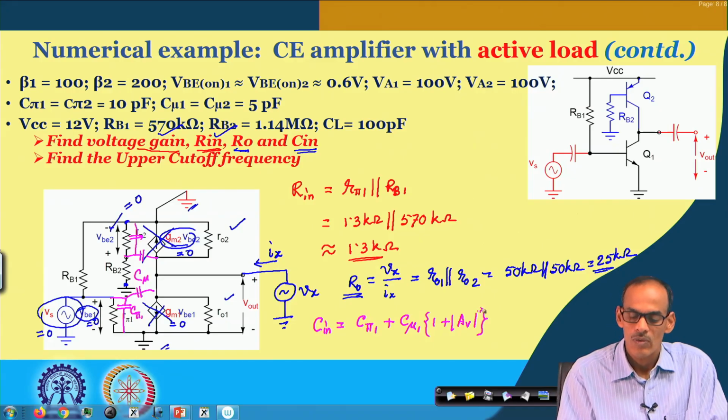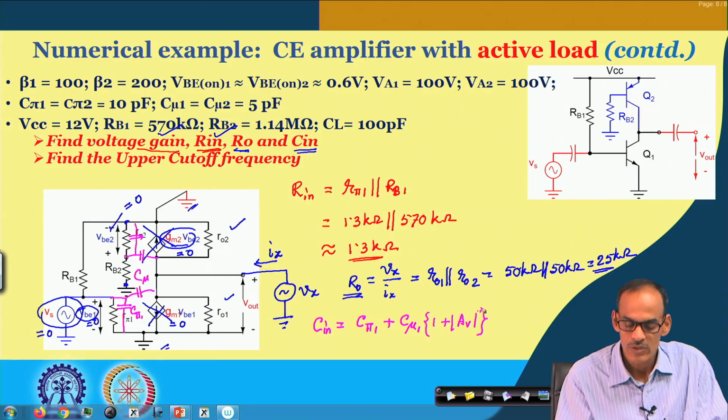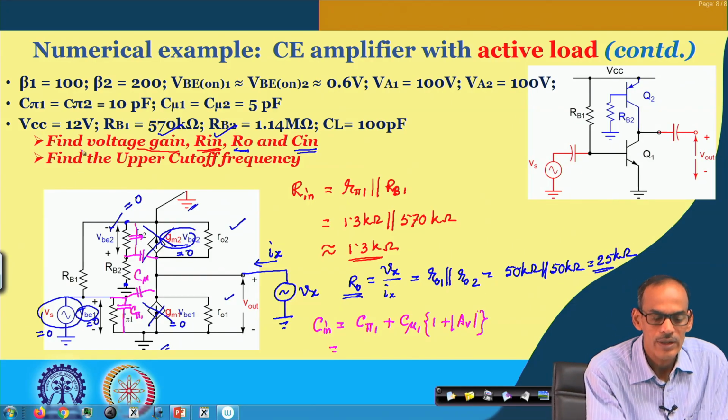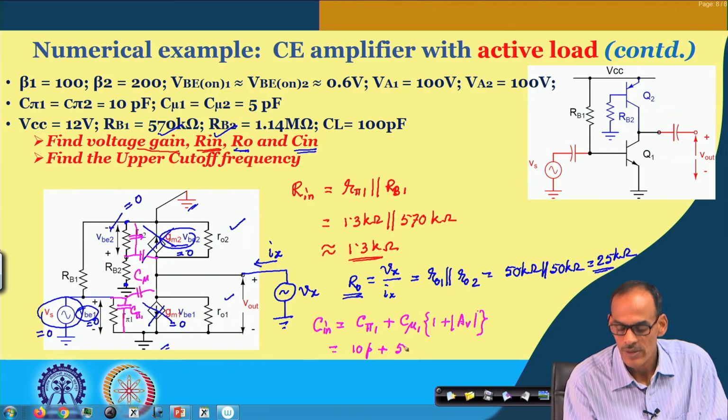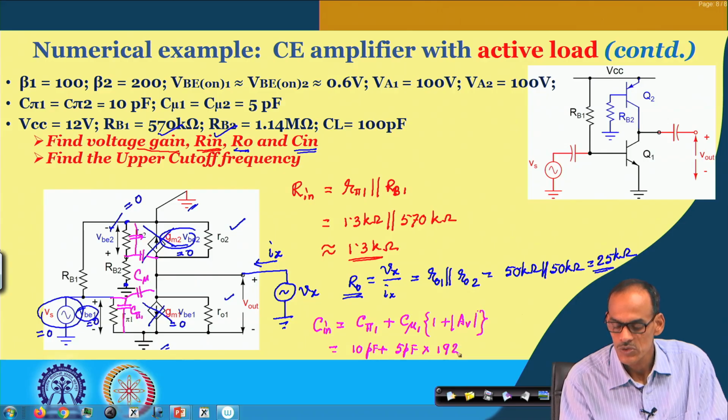It was around 1923 or something we said. So, C pi is 10 pico, and C mu is 5 pico, multiplied by 1924.